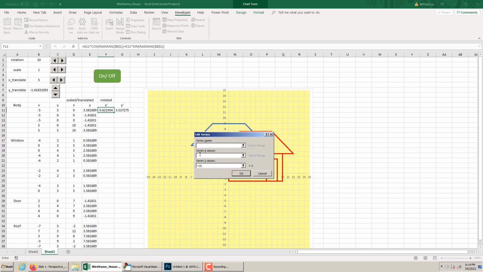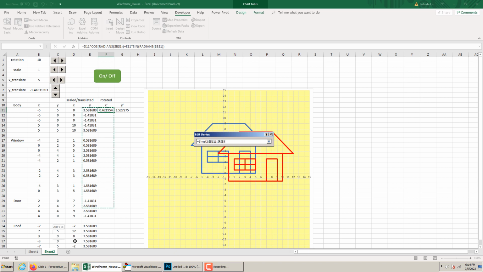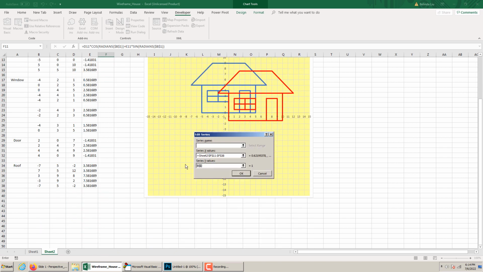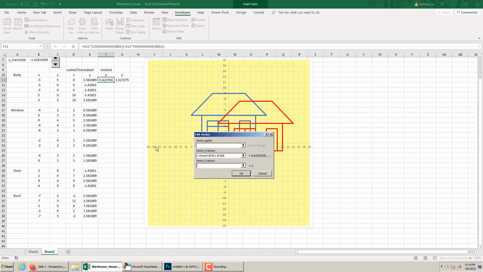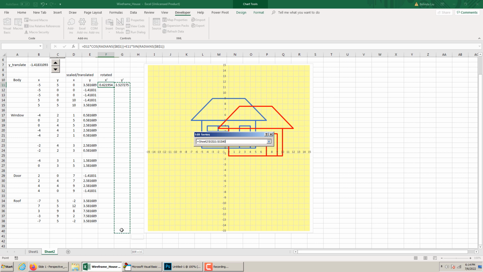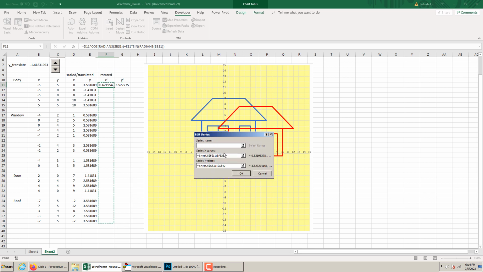Add, let's take this for x and take this for y. Let me see, 40, 40, 40, okay.